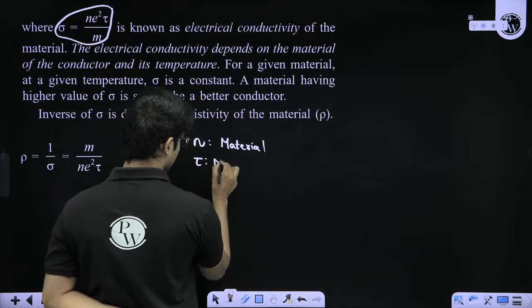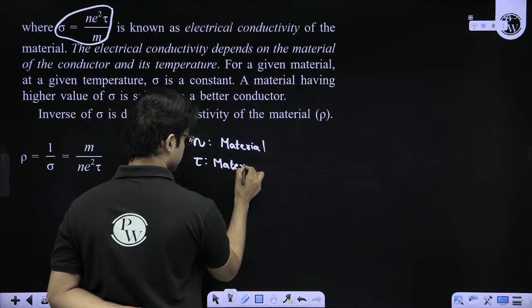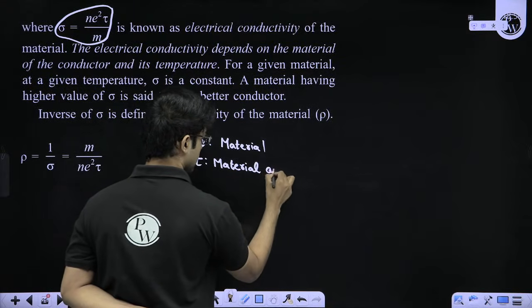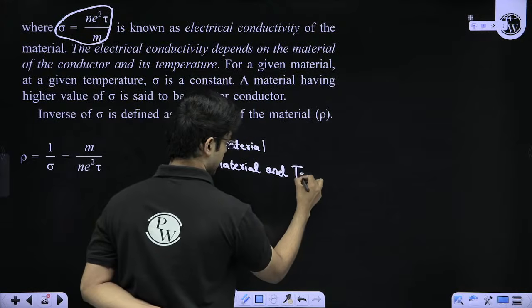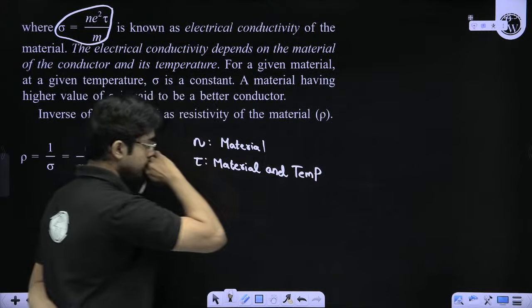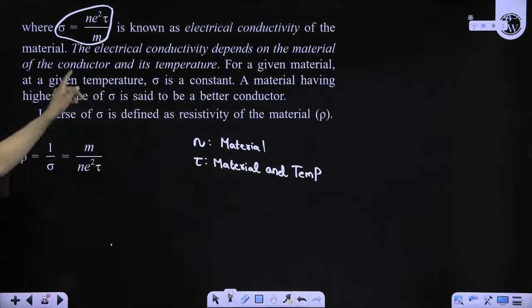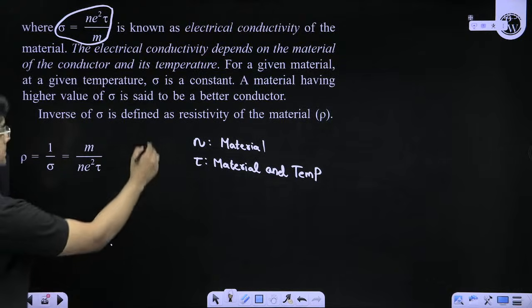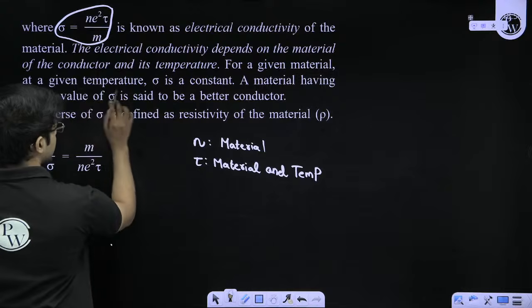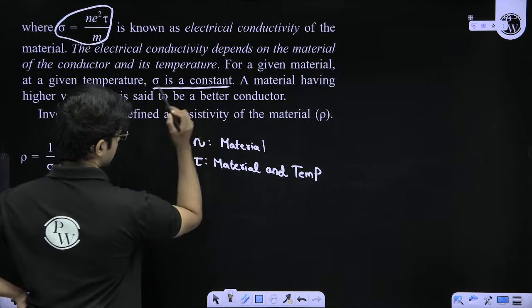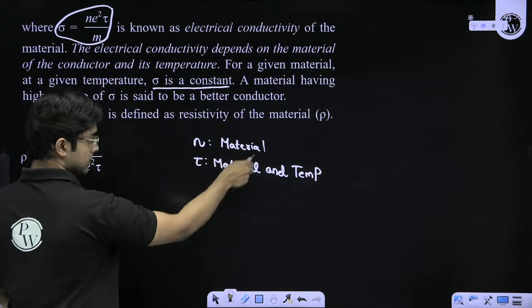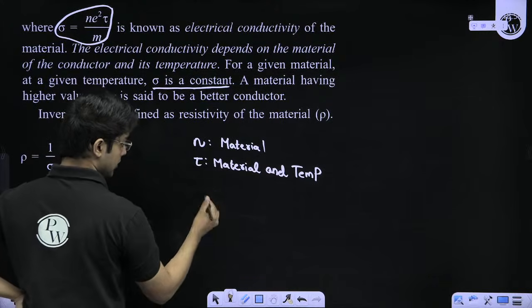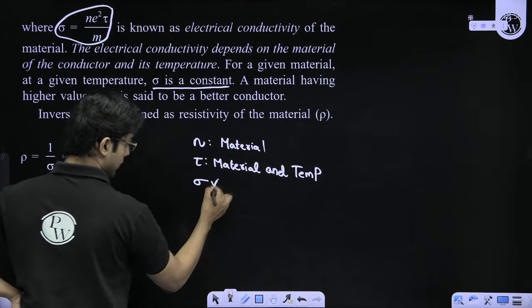Tau depends on the material and temperature, right? So you can say the conductivity will depend on the material of the conductor and the temperature. So for any given material at a given temperature, sigma can be treated as a constant. If you keep the material the same and the temperature the same, then sigma can be treated as a constant.